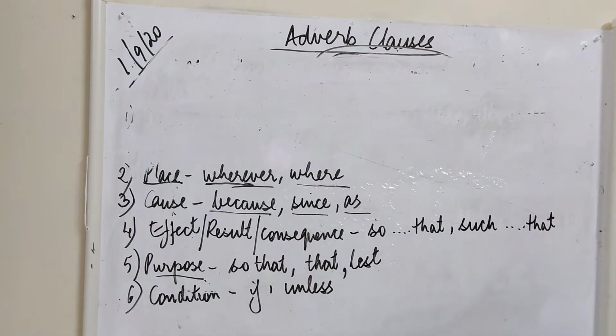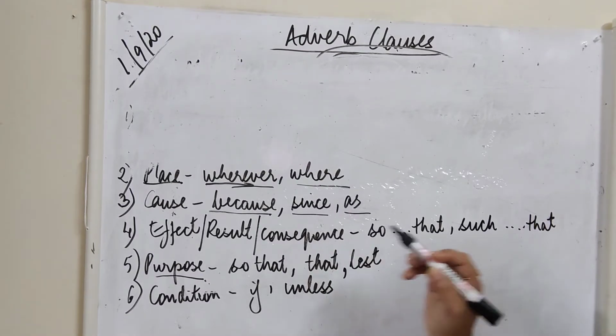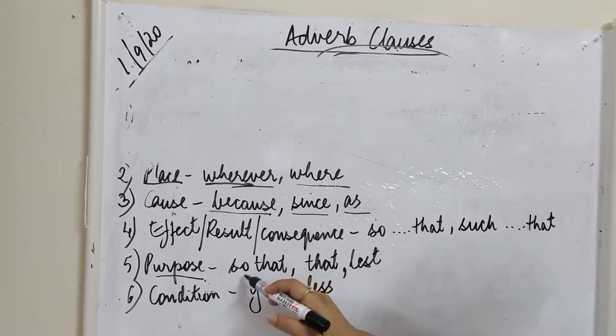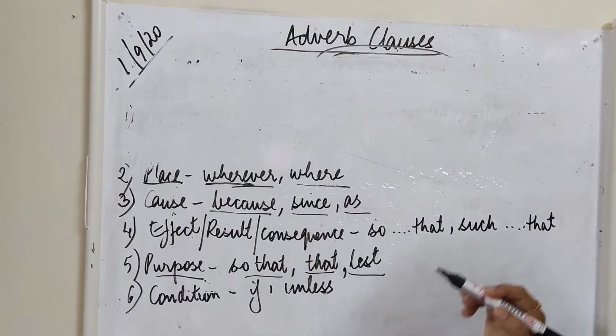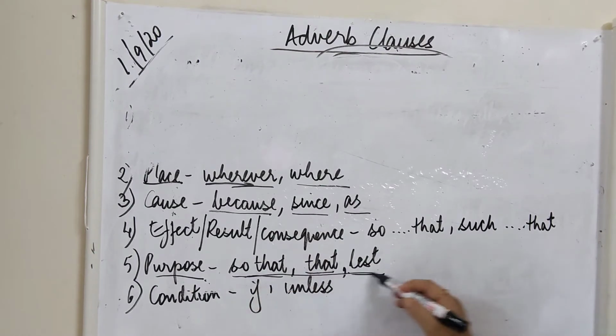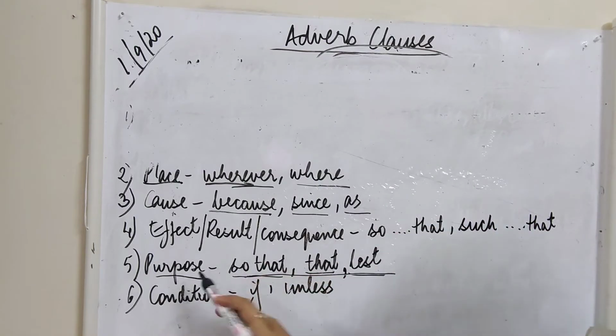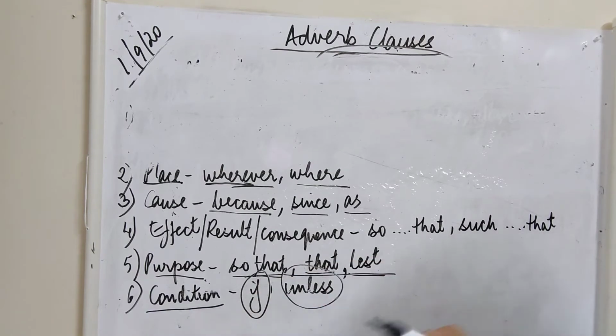Now adverb clause of purpose, like so that. For example, he took the cab so that he should reach office on time. So that and lest are introductory words of an adverb clause of purpose. Now if and unless are used for adverb clause of condition.